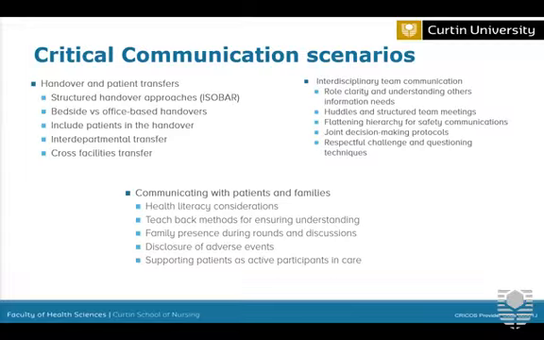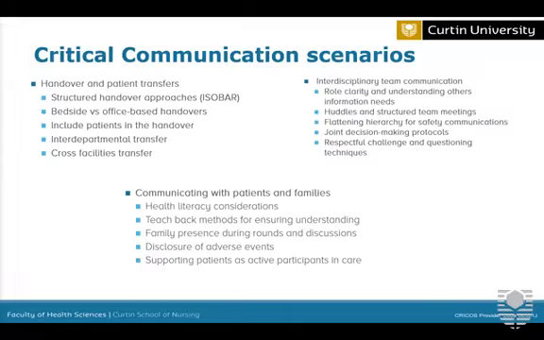So therefore, if we are providing care for and with this person, then they need to be part of the communication. And also knowing that there are respectful ways in which we can query information or challenge information.